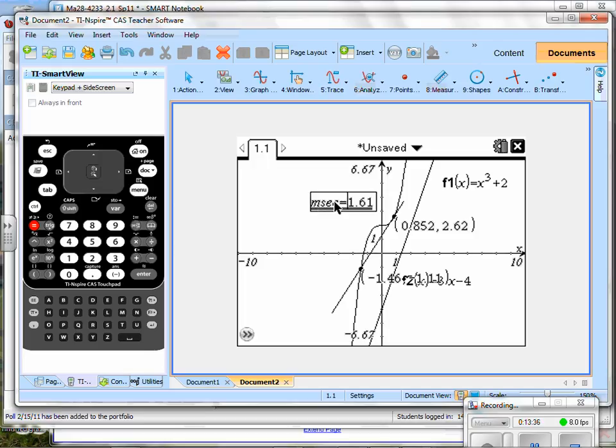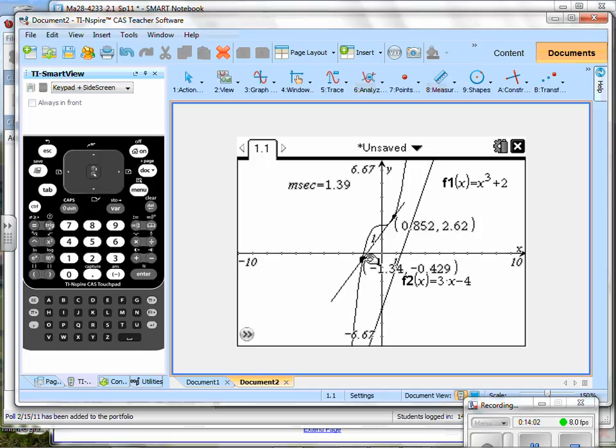The slope of that secant is 1.61. Now, I don't want the slope of that secant. I want the slope of a line tangent to this point. So what happens to this point? I move it. What's happening to the difference of my inputs as I go from here to here?